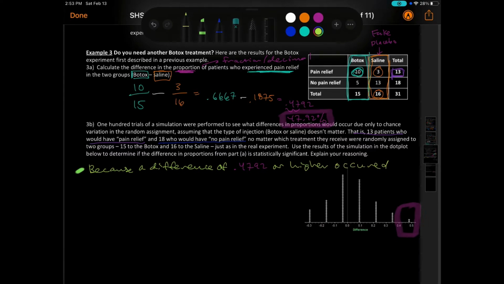What did we circle over here? 2 times. Occurred only 2 times in 100 in the simulation. The difference, meaning those who take the real or the fake, is what? Yes or no?